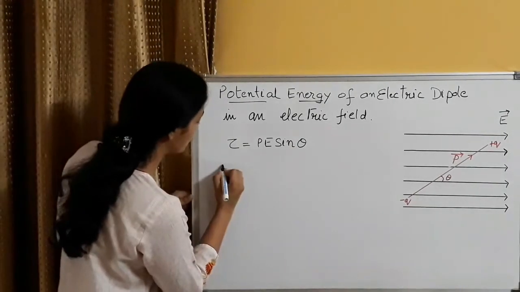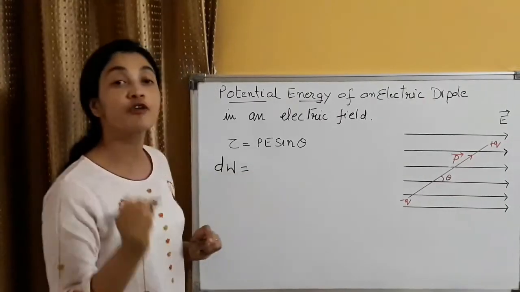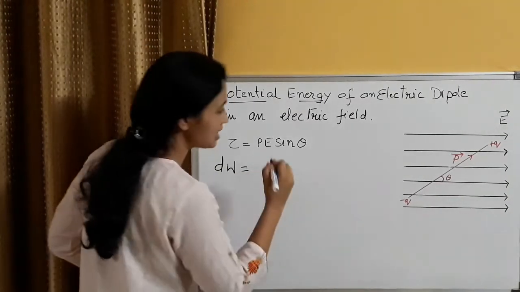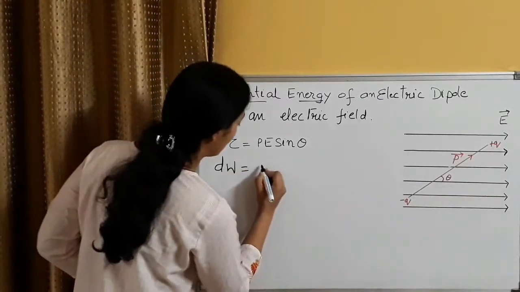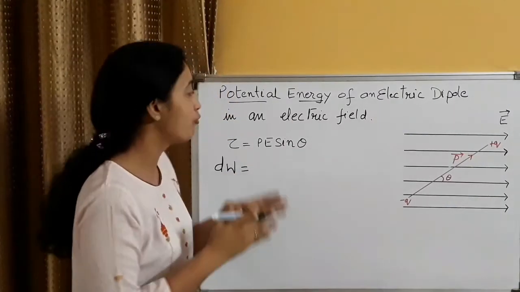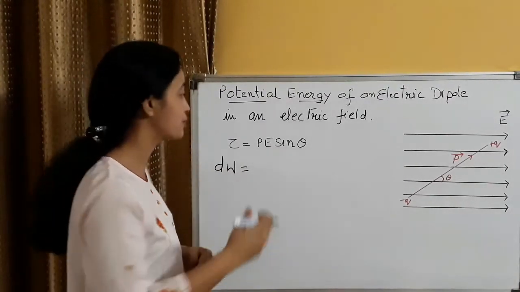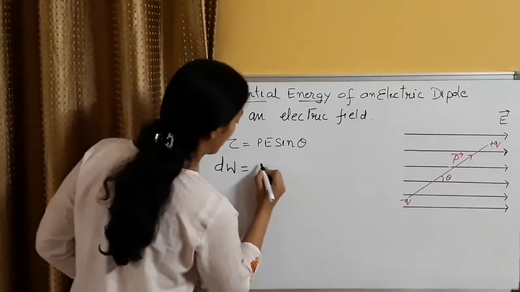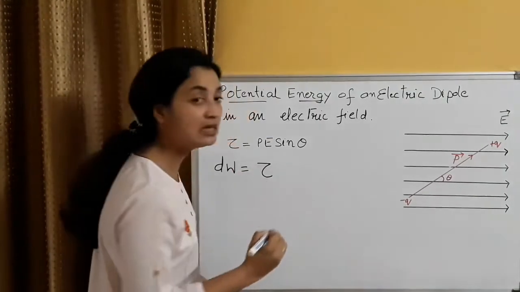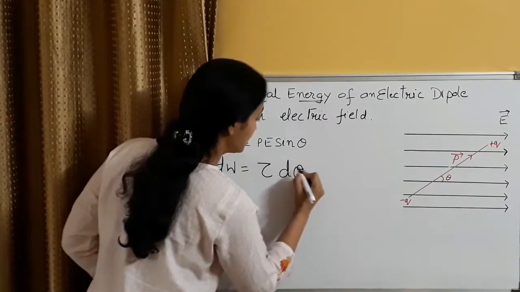Now suppose I have to calculate small work done in shifting the dipole from some angle theta initial to some angle theta final. Then work done, you know, for linear or translatory motion it is force into displacement, and for rotational motion force is analogous to torque, and linear displacement is analogous to angular displacement d theta.